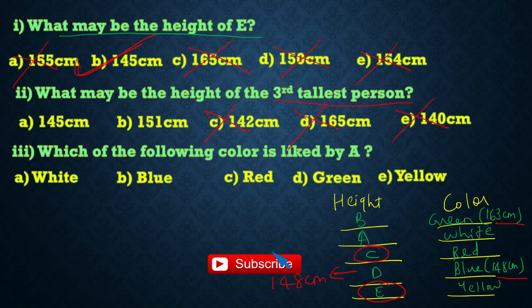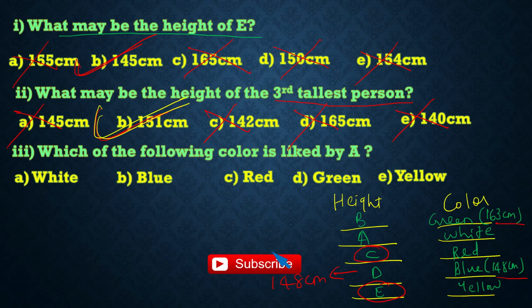If D has 148, C should have more height than D. So 145 can't come, because it is less than 148. So 151 is the correct option. B is the correct option.